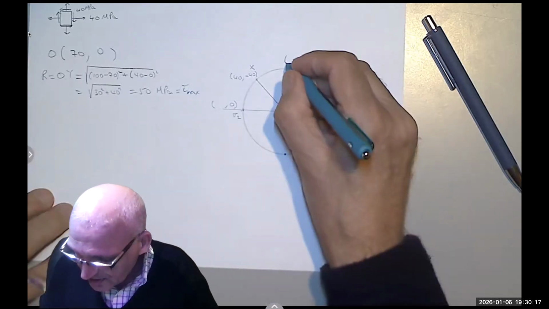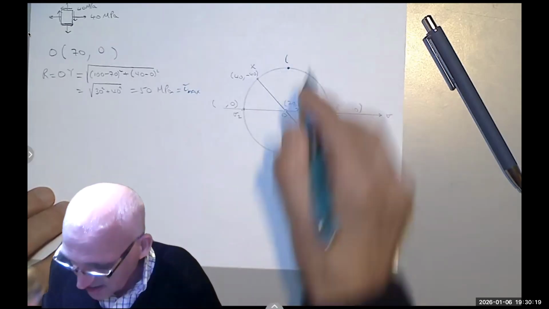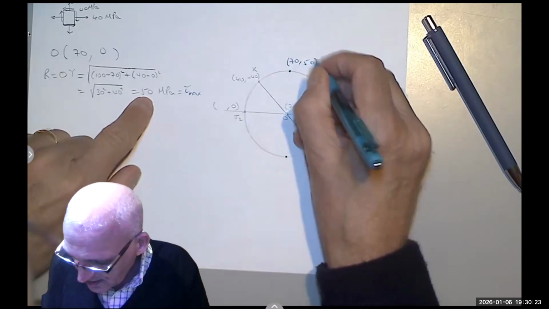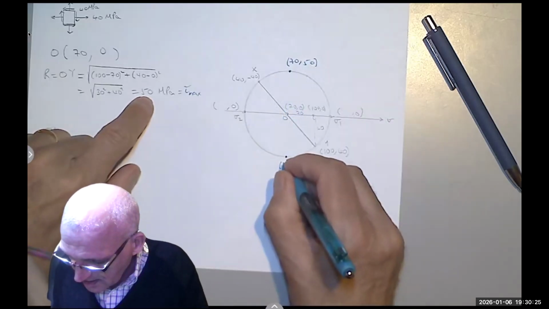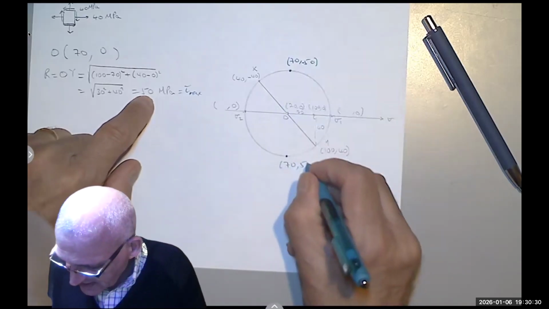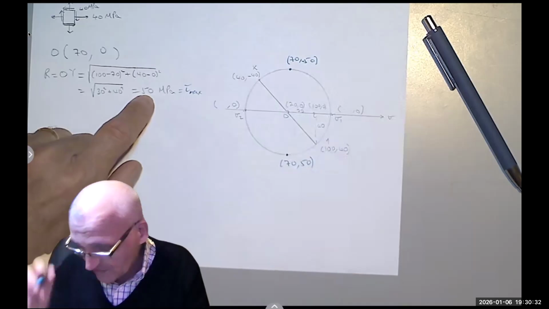Notice that this point, the 70 here stays the same, is 70 and 50, since we said bottom is positive for the shear.